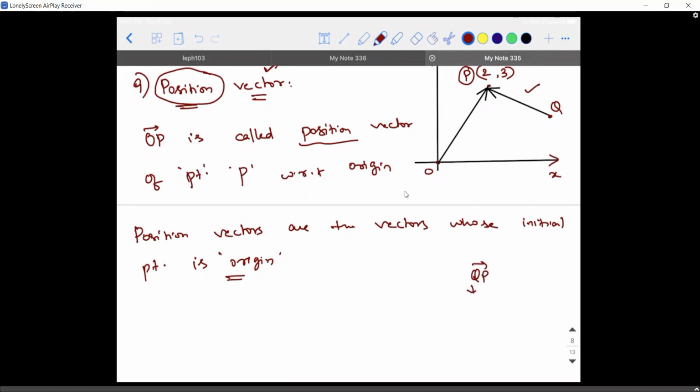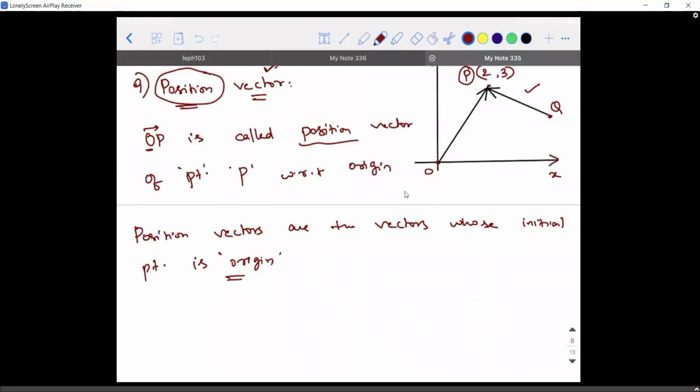If the starting point is anything other than origin, you cannot call it a position vector. By default, O is only used for origin. So most of the time, when you write O with the next point with the vector symbol on top of it, it always represents a position vector. To be more simple, if the initial point is origin, then by default you can call it a position vector. I hope it is clear. Yes, sir. Good.